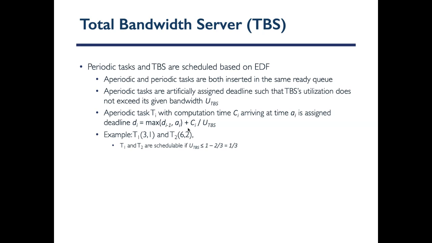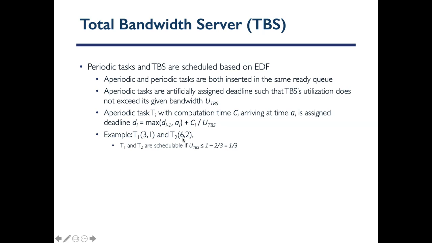So here's an example. Let's say I have two tasks, T1 and T2, with these characteristics. If you add the utilization of the system with T1 and T2, you will get that. This one is utilizing your CPU 1/3, and this one is also utilizing your CPU 1/3.